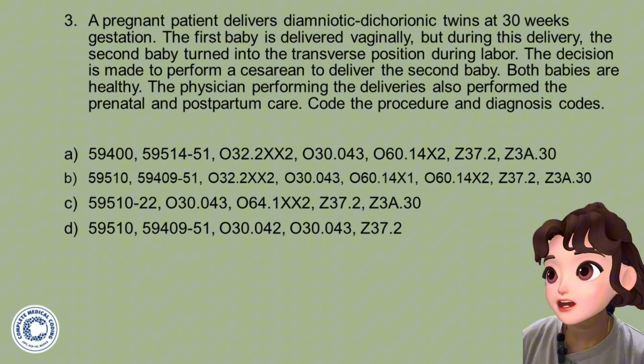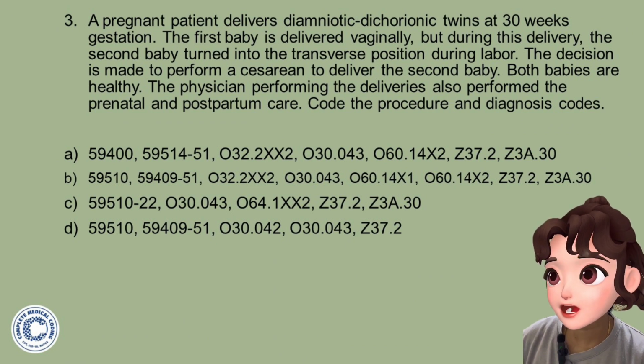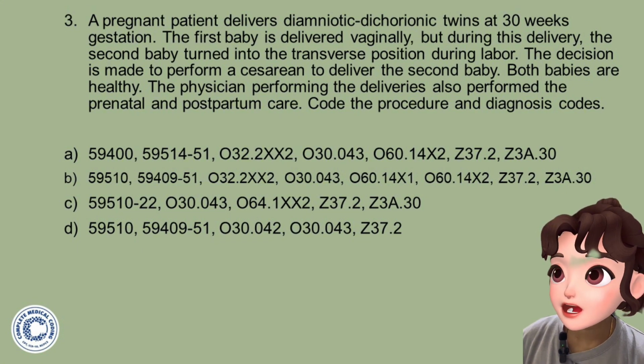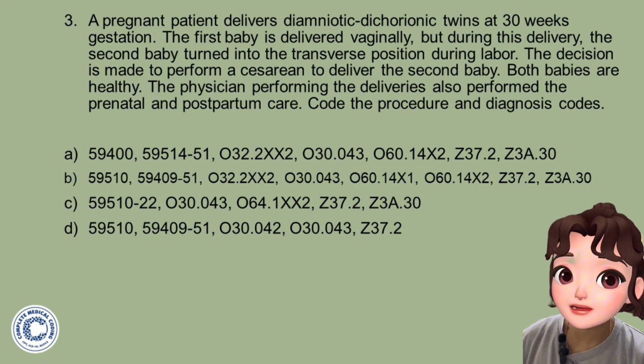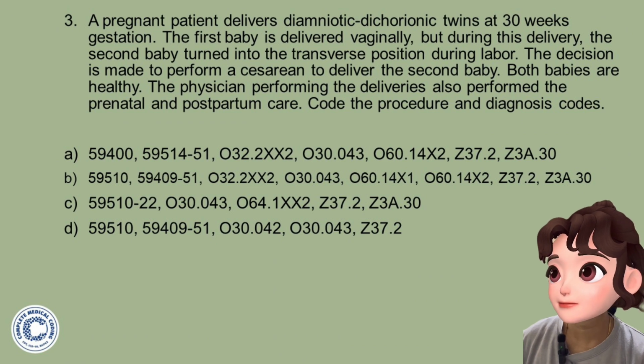In option B, the same ICD codes as in option A, O32.2xx2, O30.043, and then O60.14x1 and O60.14x2. Both should be coded because it's a preterm labor, for the first baby and the second baby.